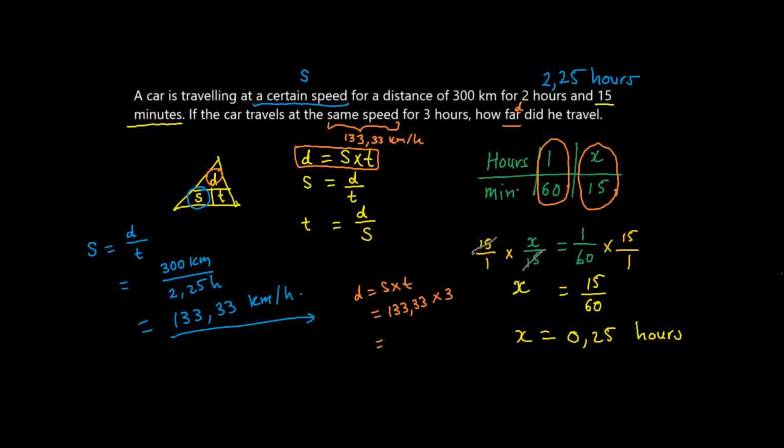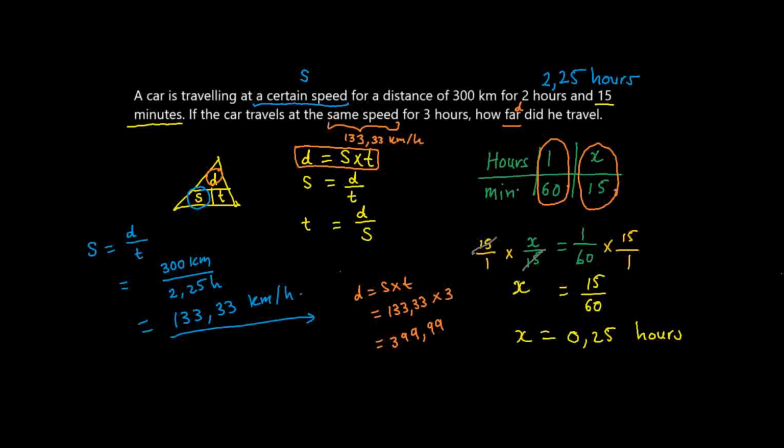So I just have 3, and that is equal to, so of course the hours in terms of the units, they will divide off. So I'm just left with my answer, which will be 399.99, right?